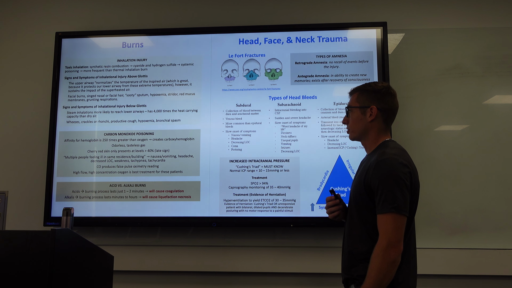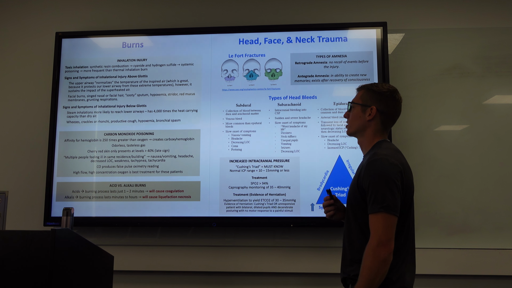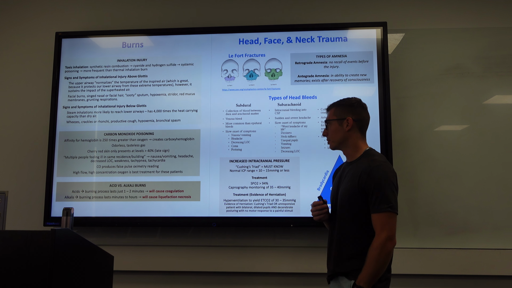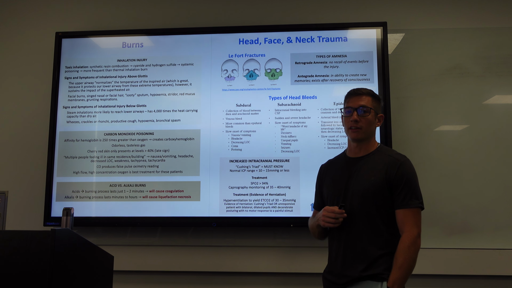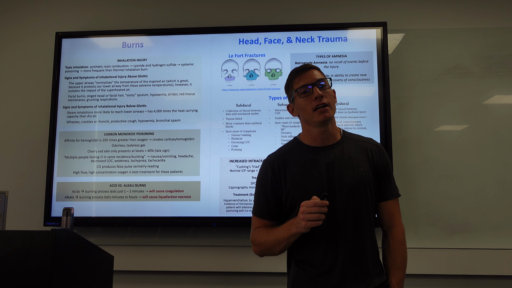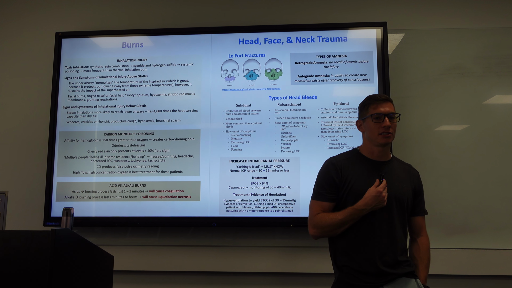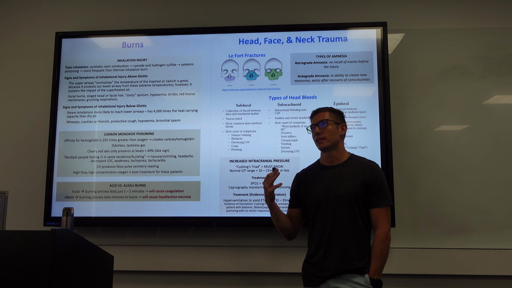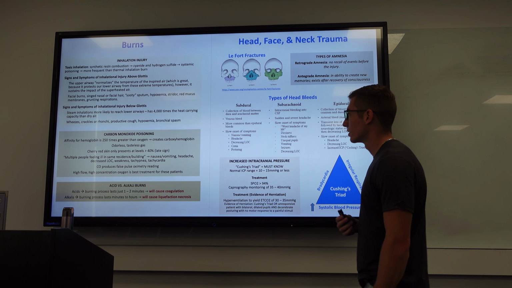Cherry red skin is only present at levels of more than 40%. Multiple people feeling ill in the same residential building. So a sign of this is if more than one person is feeling some type of way, then that's a sign that something environmental is going on and not necessarily that patient's own personal symptoms.